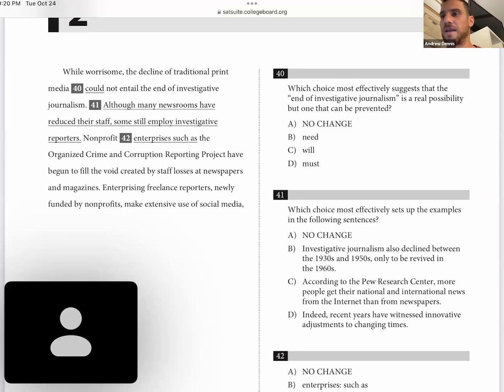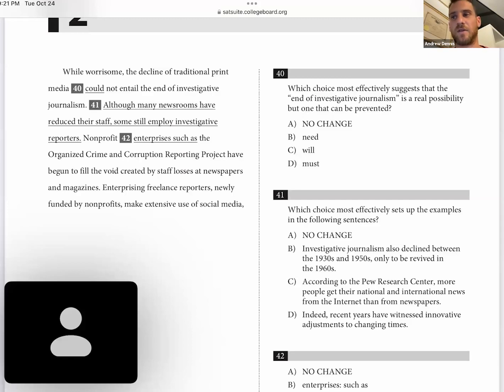We're saying a real possibility, but one that can be prevented. So it's a real possibility, but can be prevented.